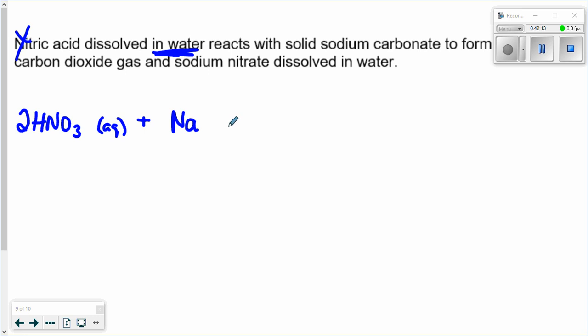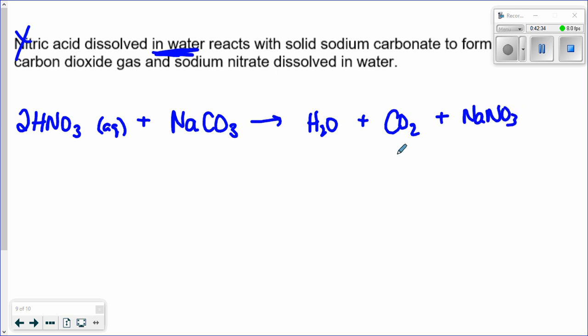So it reacts with solid sodium carbonate to form liquid water. In this case, it's saying we're forming liquid water, carbon dioxide gas, and sodium nitrate. Sorry for the balancing, there should be a 2 here as well.